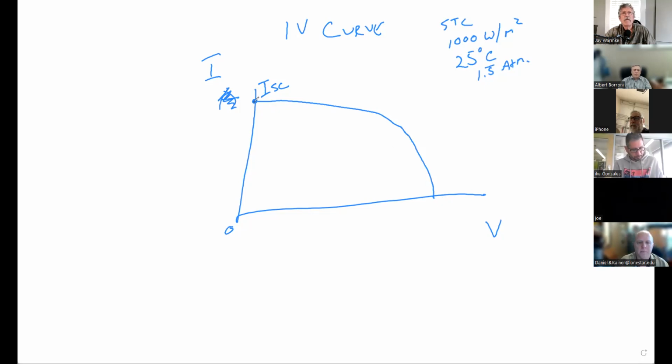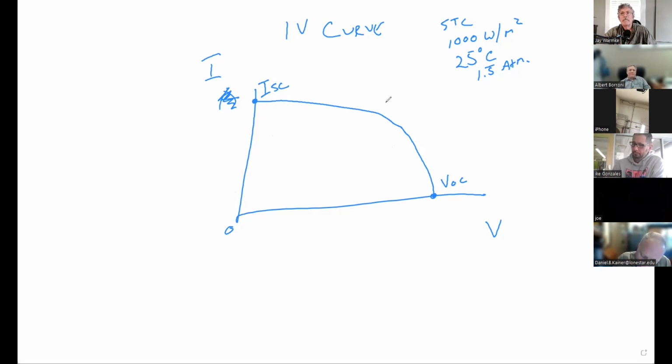So this would be the theoretical maximum amperage. This is the theoretical maximum voltage, the VOC. And I shouldn't say theoretical because you can actually measure this, but you cannot measure ISC because amps require current, right? Well, at 0 volts, there is no current. So it just doesn't exist.